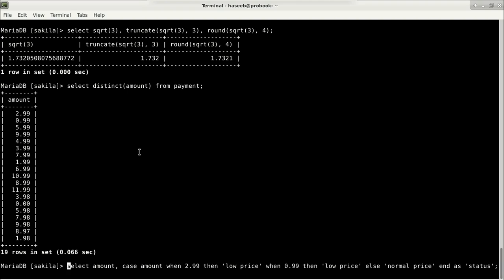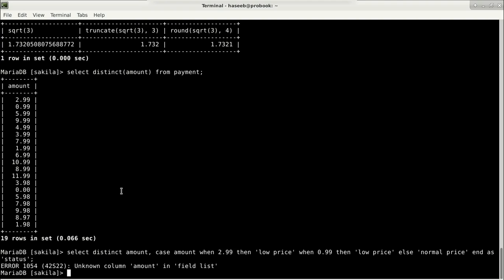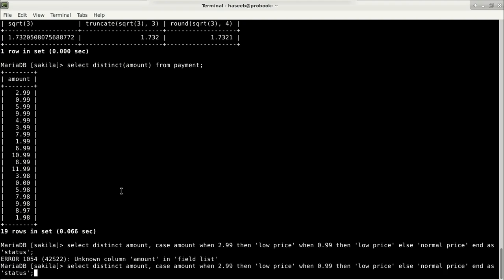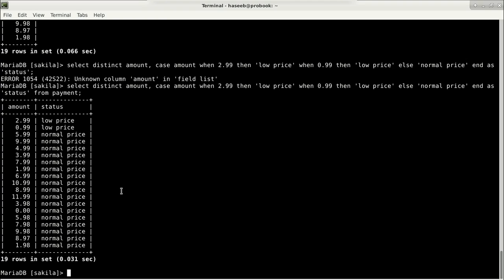Now, because we know that we have a large number of values in the payment table, I'm using the distinct clause here so that it will only display 19 rows. Oh, sorry, I forgot to write from payment table.